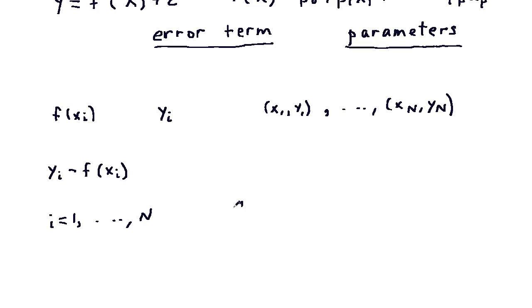Okay, so we get the sum from i equals 1 to n of (yi minus f of xi) squared. Okay, so we have a sum of squares. This is called the residual sum of squares.